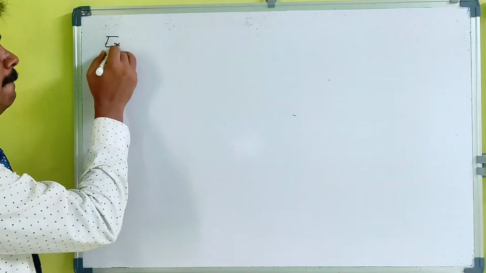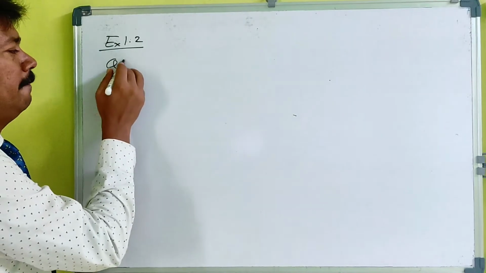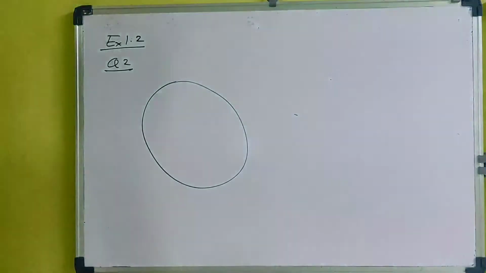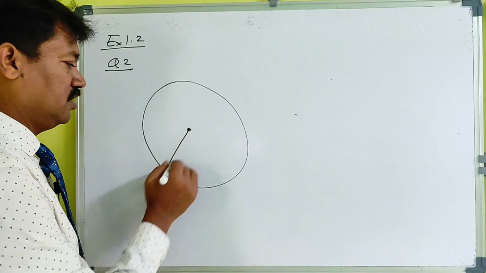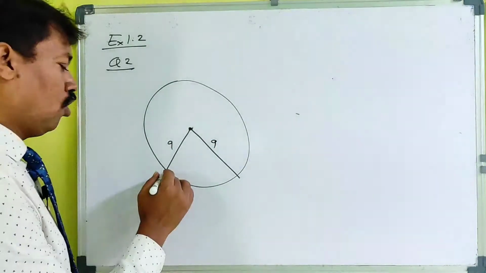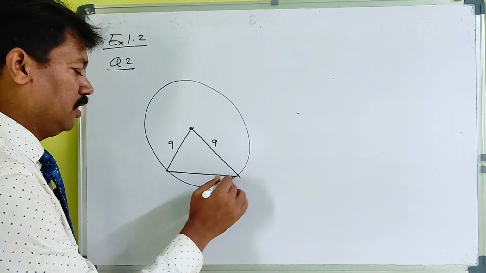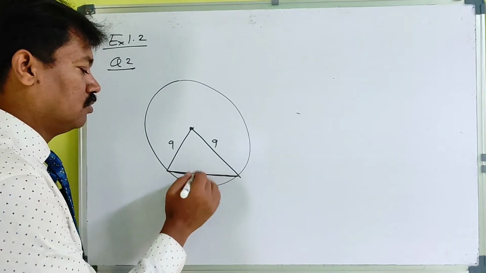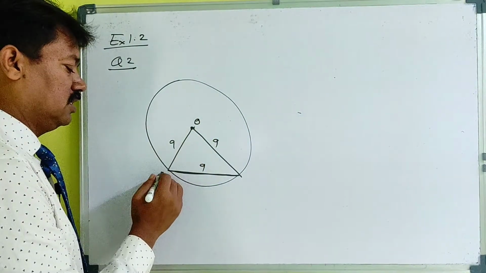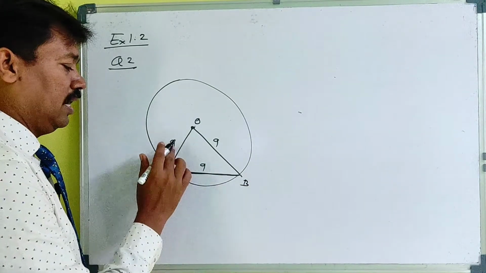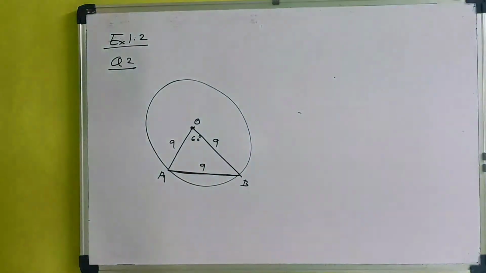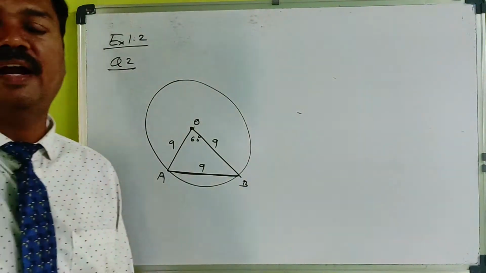A circle is given, its radius is given as 9 centimeter, and the length of the chord cut by this particular sector is also 9. So consider a sector OAB. So 9, 9, 9, therefore this forms an equilateral triangle, so this is 60 degree. So now very simple, R is known, theta is known, so we can easily find the length.